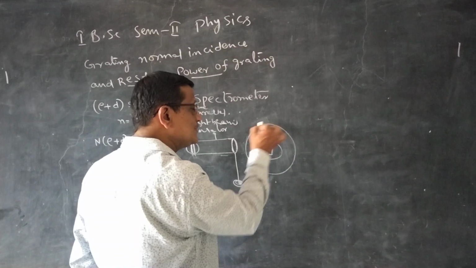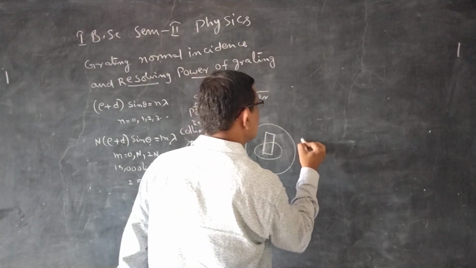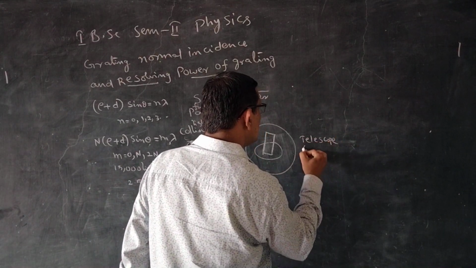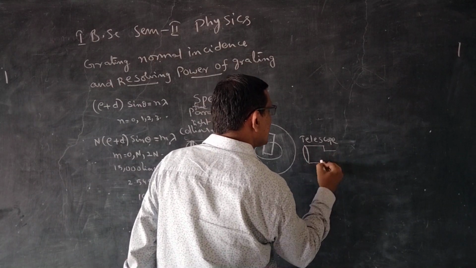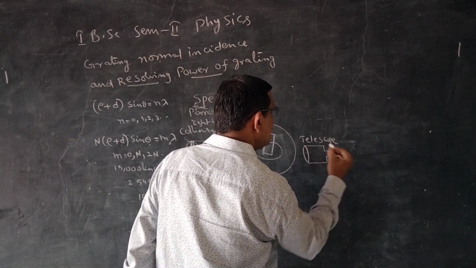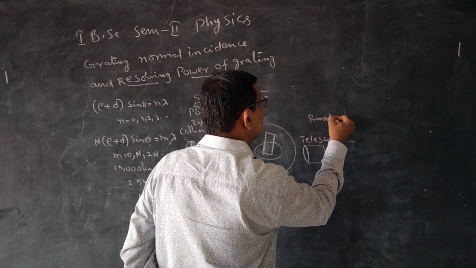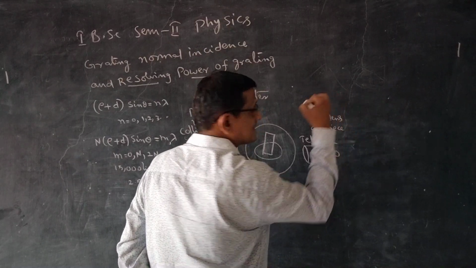Again, it is followed by the telescope. The telescope consists of a convex lens and an eyepiece. We are using a Ramsden's eyepiece in this telescope, because with a Ramsden's eyepiece we can make measurements.